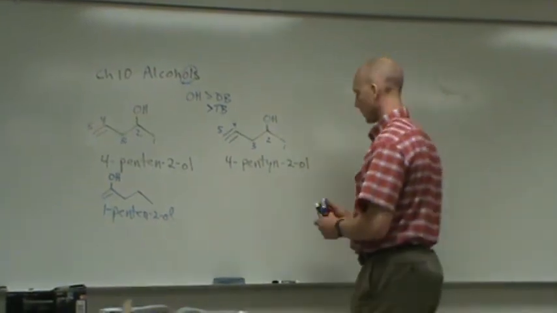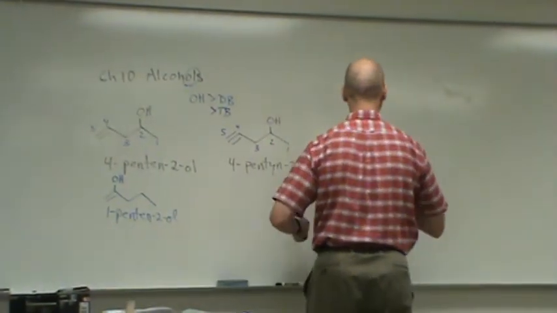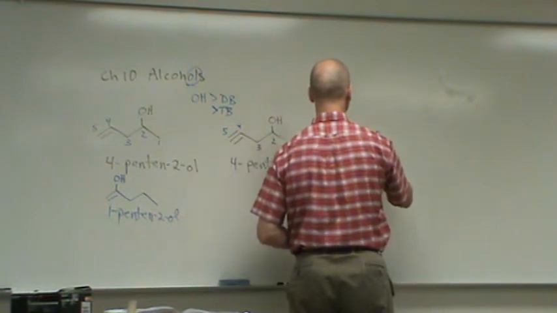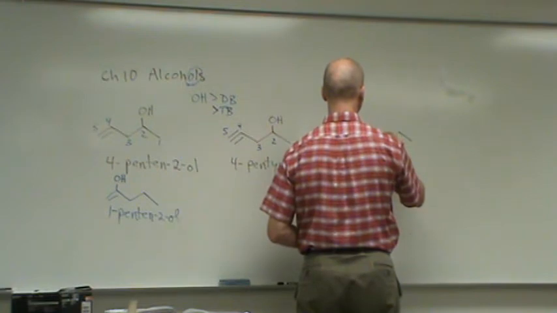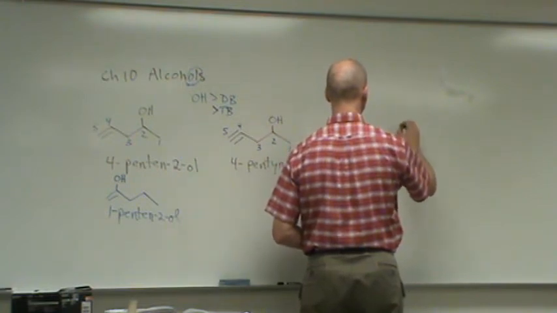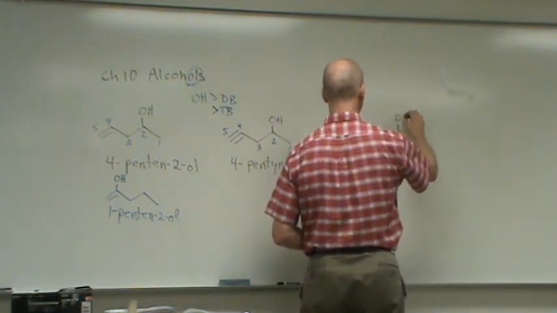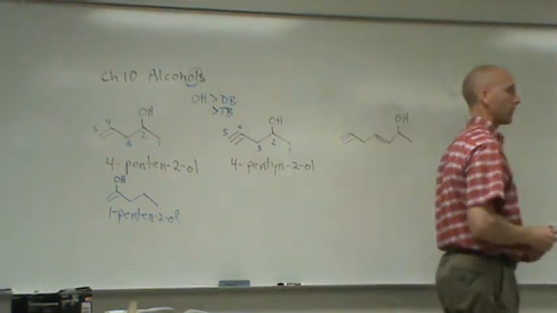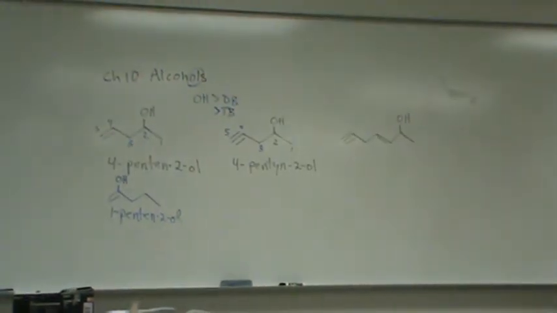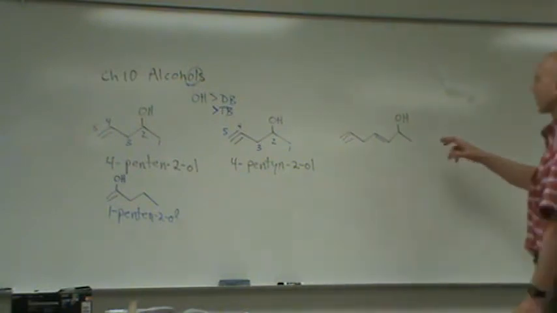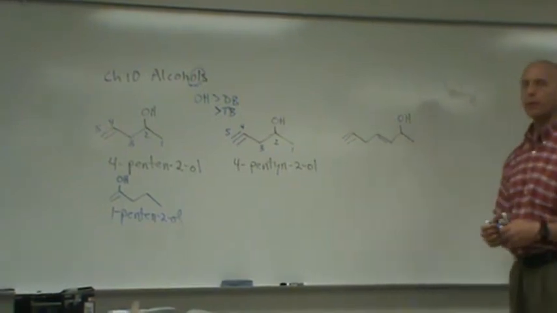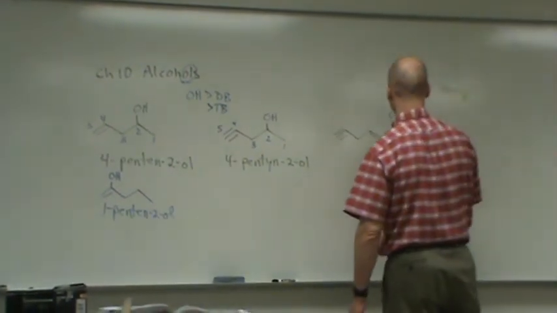All right, let's look at one last combination of this, where now I have a double, a triple, and an OH. How can I name something like this? Again, the OH carries priority, so I'll number from its end.